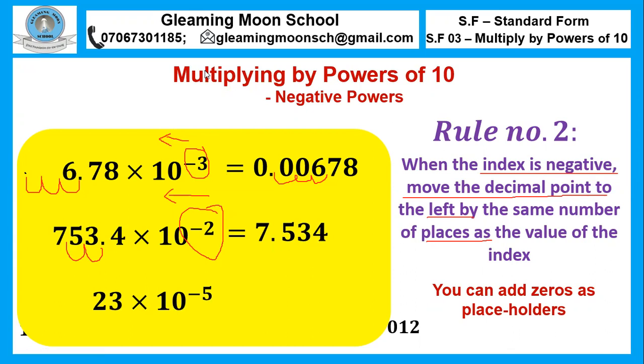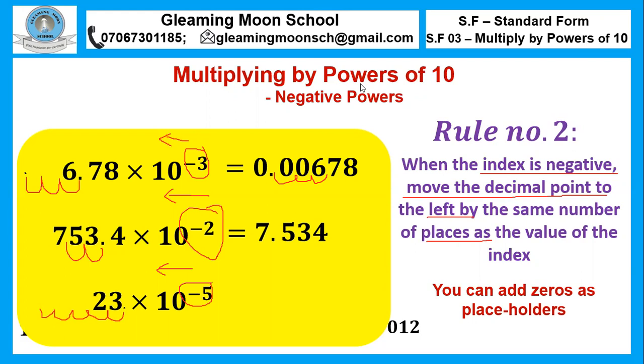And the final example, 23 times 10 raised to the power of -5. Again, -5 is a negative power, so you're moving to the left. Remember, every whole number has its decimal point after the number. So there is a decimal point here. You're going to move that decimal point 5 times to the left: 1, 2, 3, 4, 5.